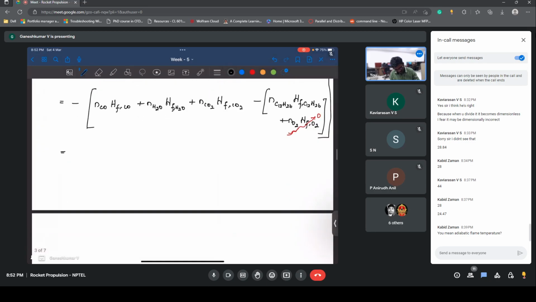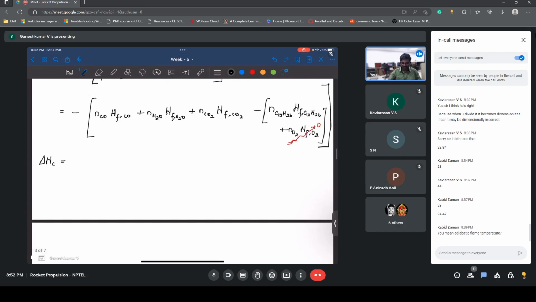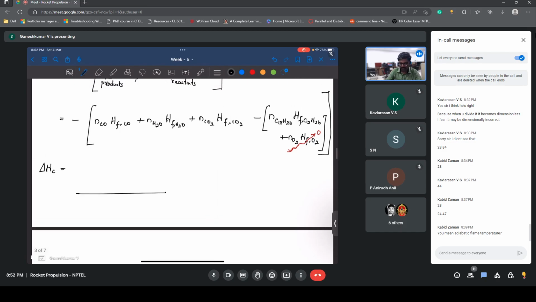this will give you how much the delta Hc, the heat of combustion, is. I have enough time, but what we will do is you can find this value. If I have it, I can give that value also. So this is how we calculate it.